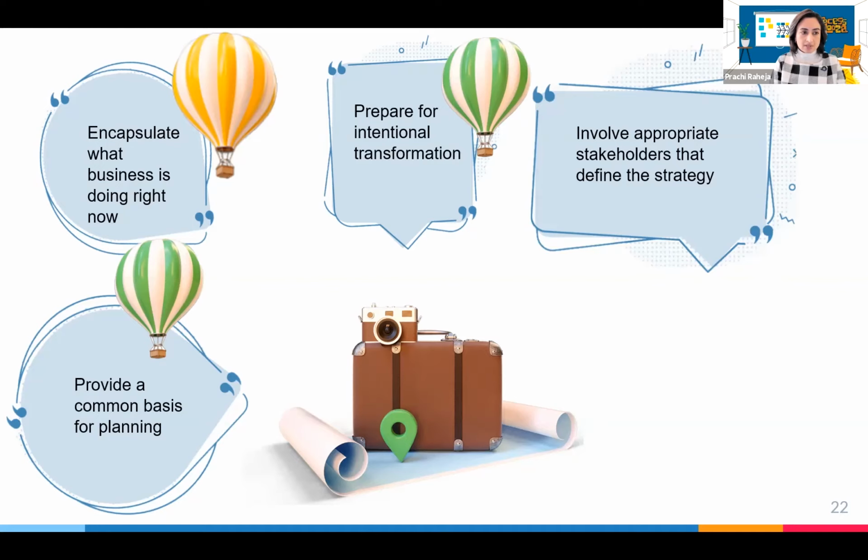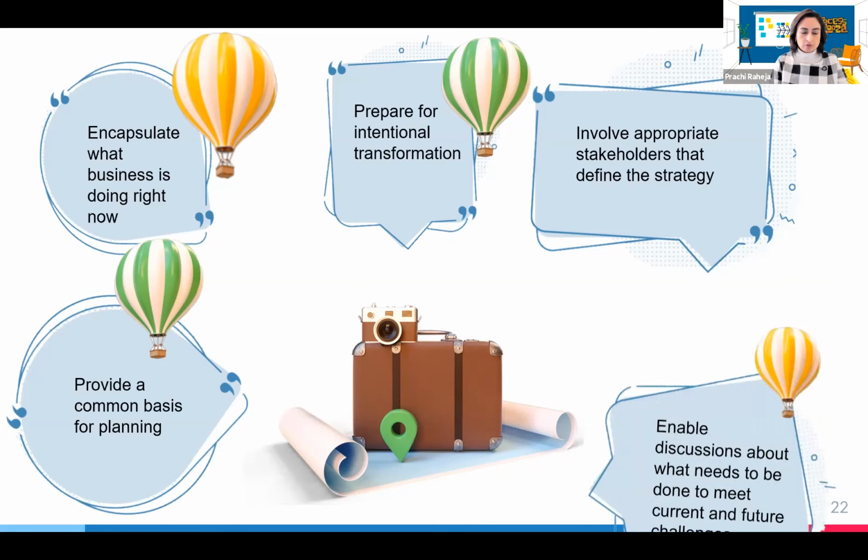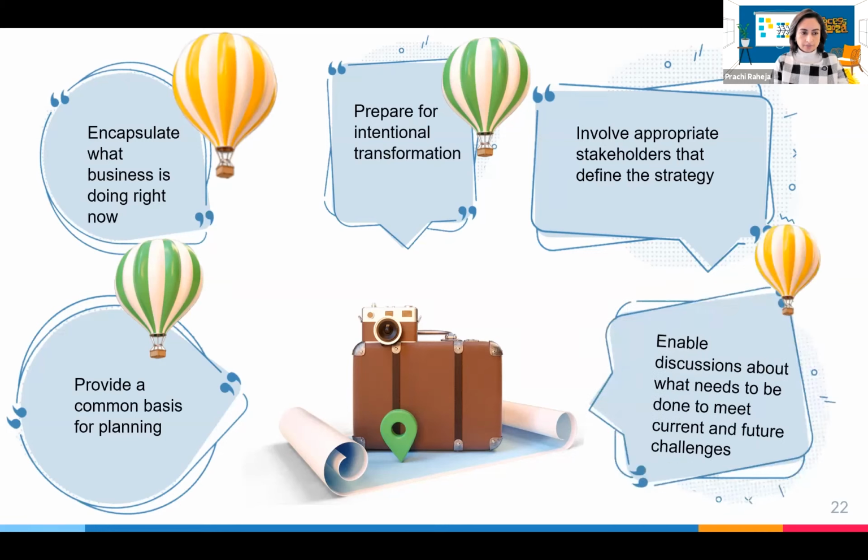Once you have the process landscape, you're also able to involve appropriate stakeholders to define the strategy for next steps. Because now you know which areas you're talking about, and who would be the right people to talk about those areas. And if you want to make a change, or if there is something that needs to happen in future, this becomes a really good foundation to have those discussions and create a strategy.